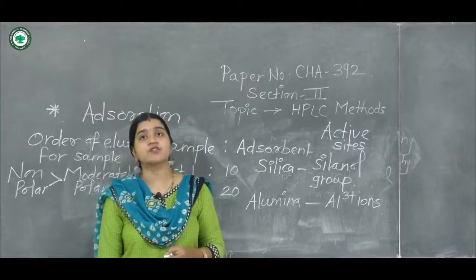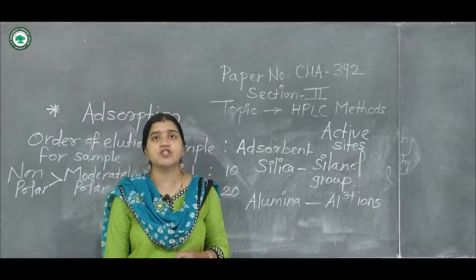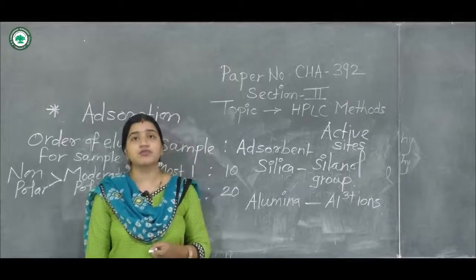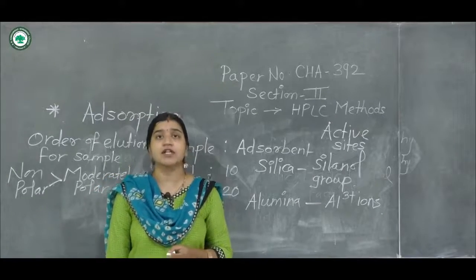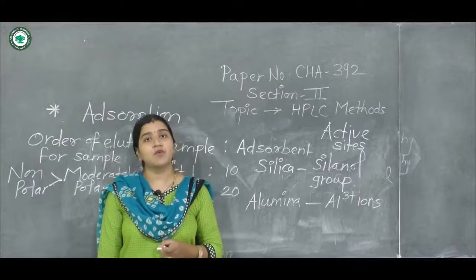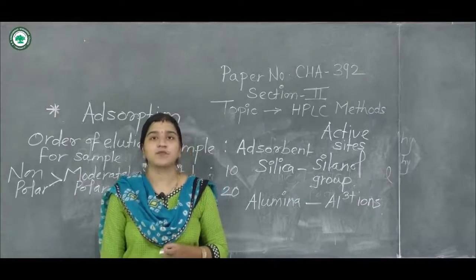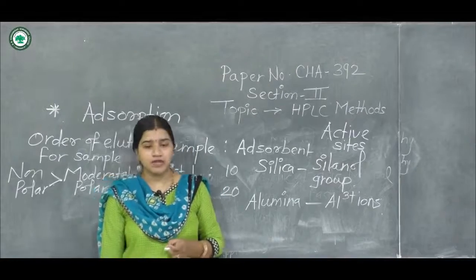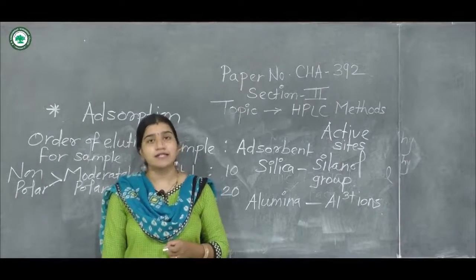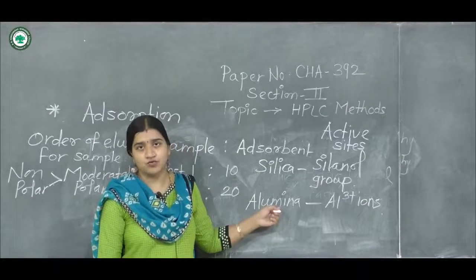Where do the active sites play an important role? Near the active sites, the functional groups of different molecules get attached in adsorption chromatography. All the functional groups will try to arrange themselves around the active site. Hence the active sites as well as the functional groups play an important role in adsorption chromatography, because every molecule has a tendency to attach its functional group towards these active sites.